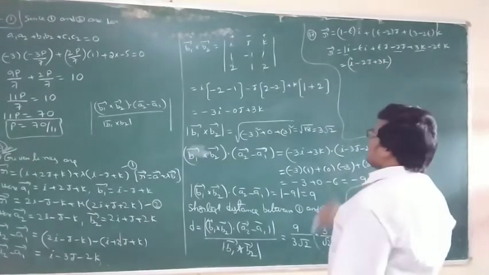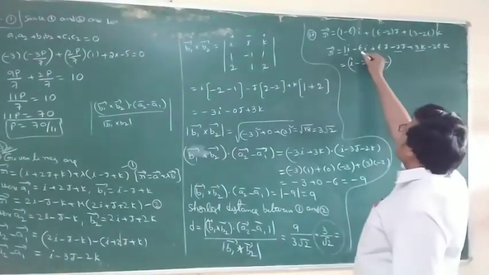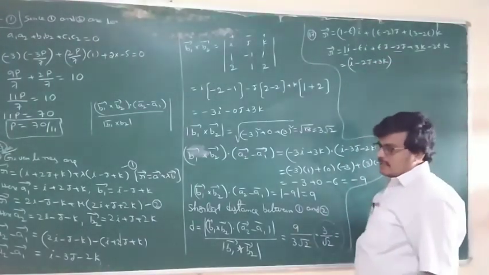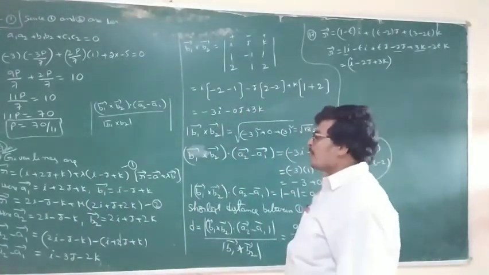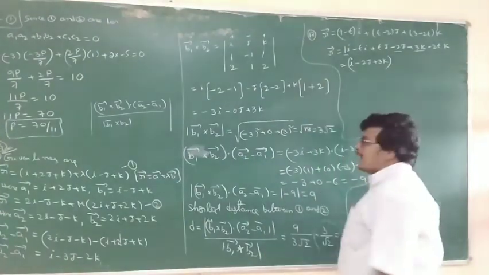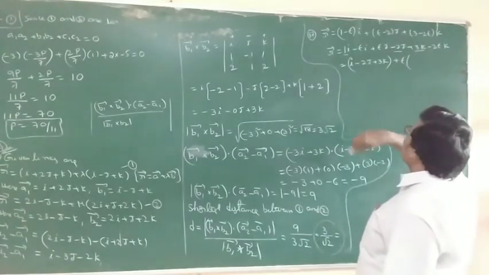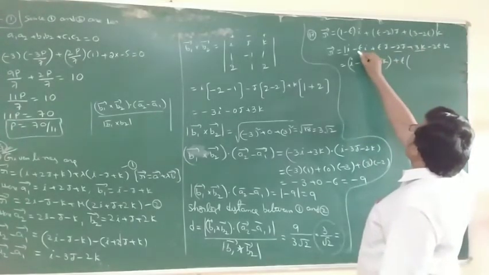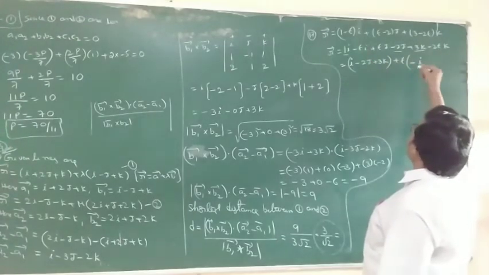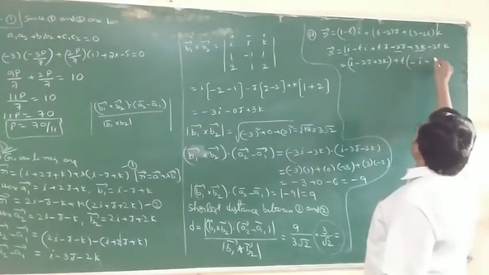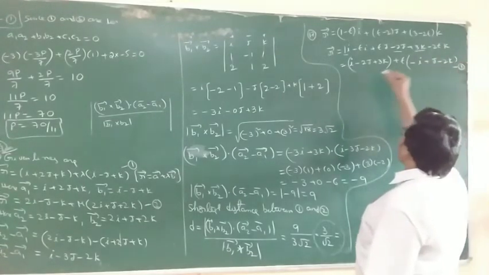Here t is a parameter, like lambda or mu. Next take t common: t into (−i + j − 2k). This is equation number 1.